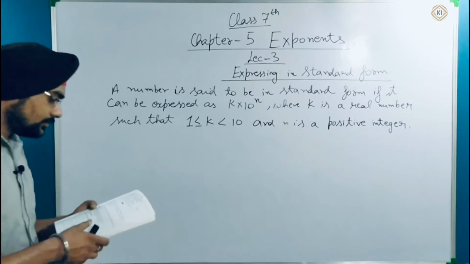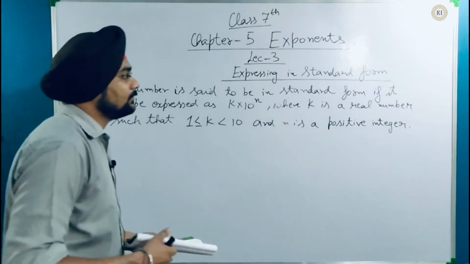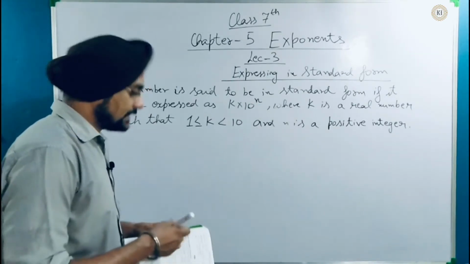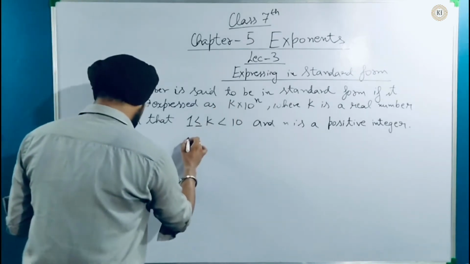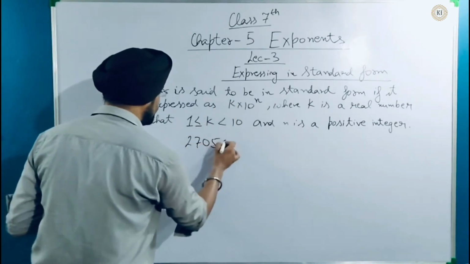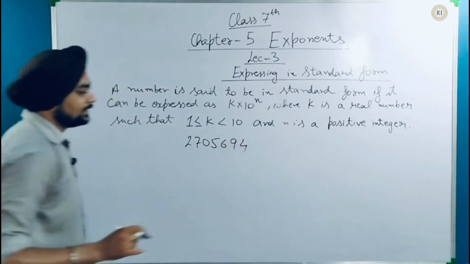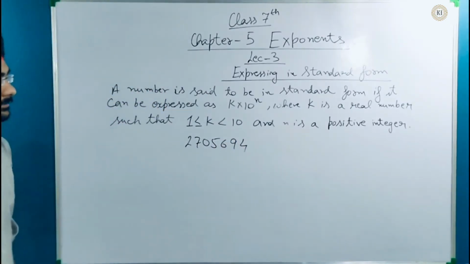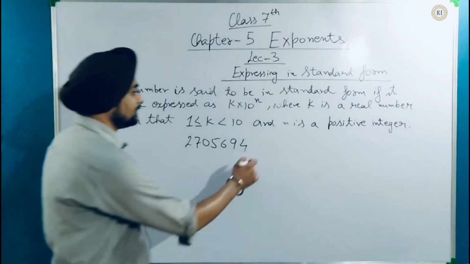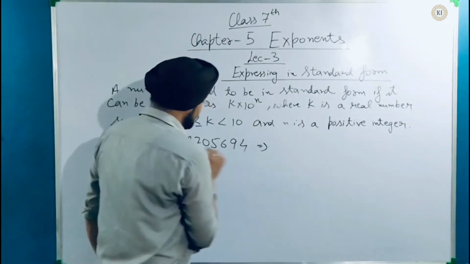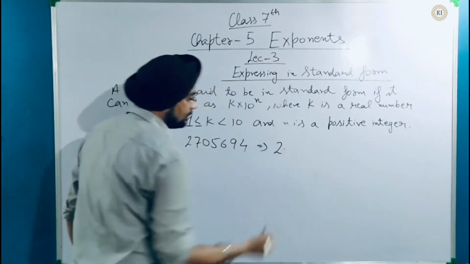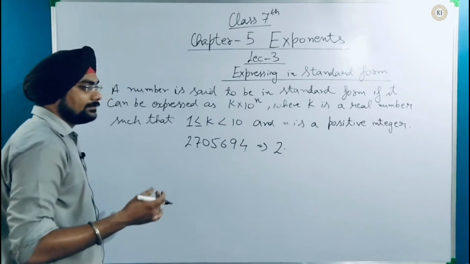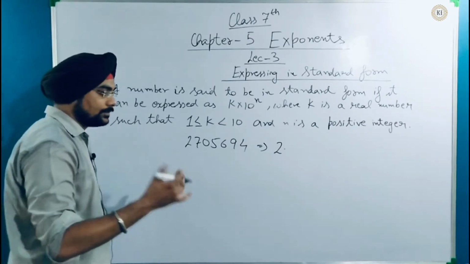Now how can you express values in the standard form? See the example. Suppose the question is given as 2705694. As you can see, the data is very big, so we have to express this in the standard form. What we do here is always take one digit and put a decimal point. It means the decimal point will always be after one digit.